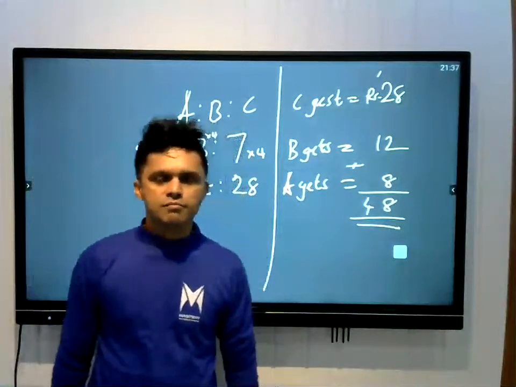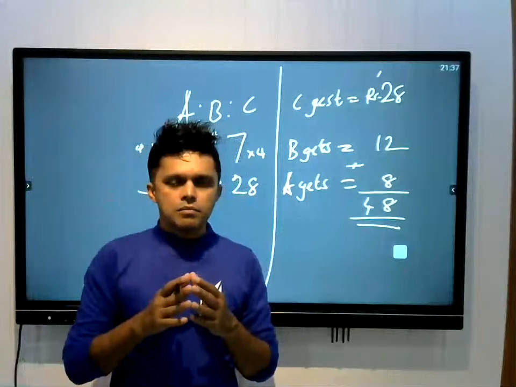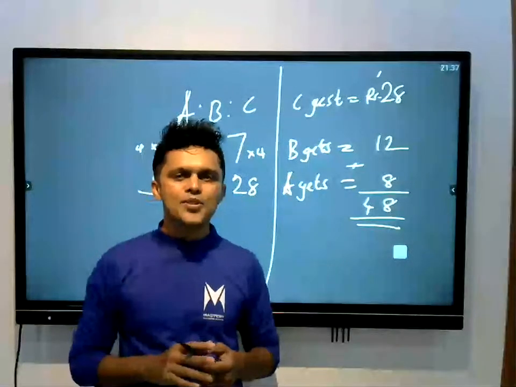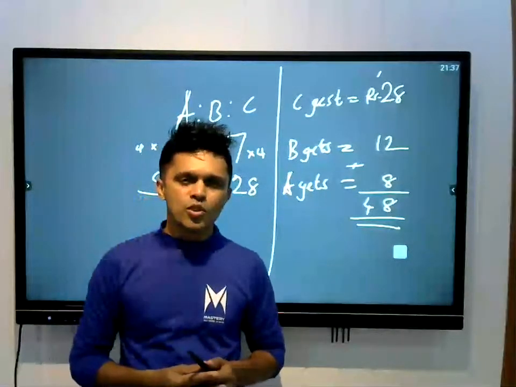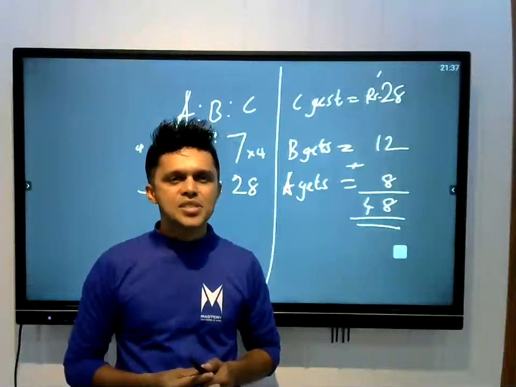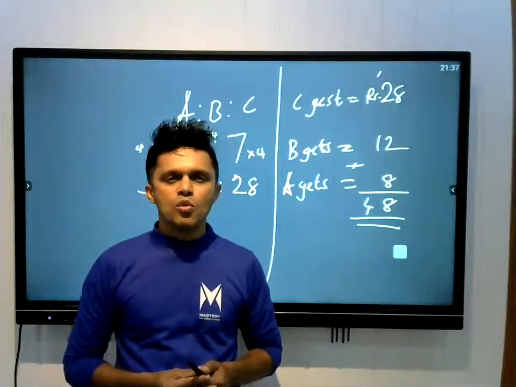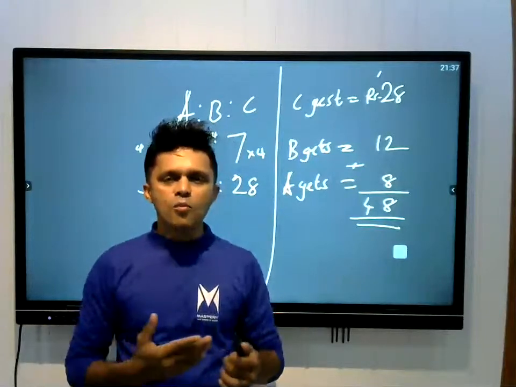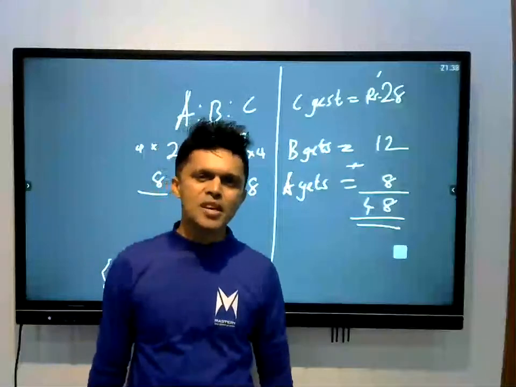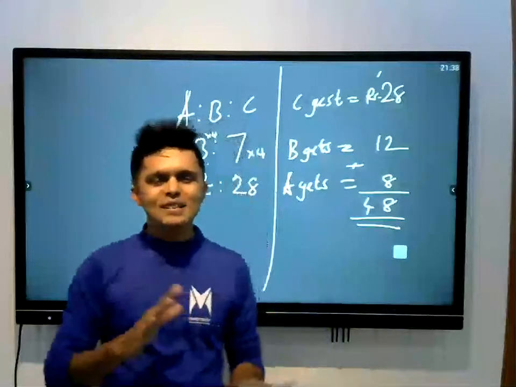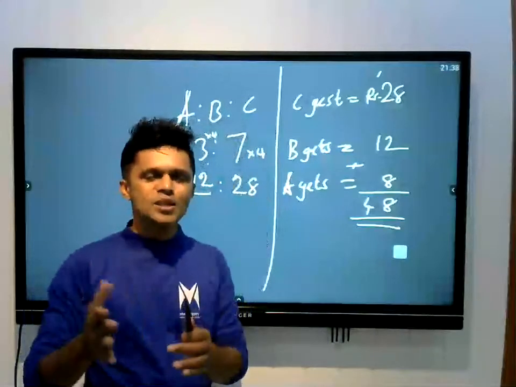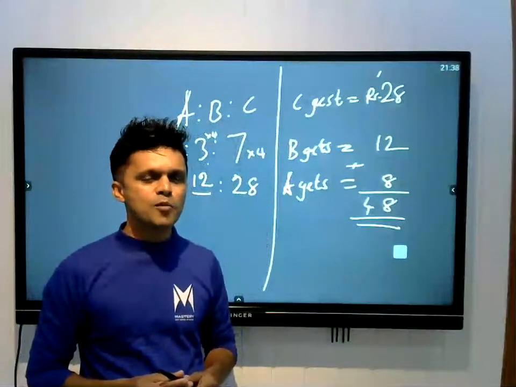So these types of sums you will be able to see in your textbook of grade 7. When you do more and more, this is the easiest way of doing this type of question, right? Other ways are mentioned in your textbook for this lesson.